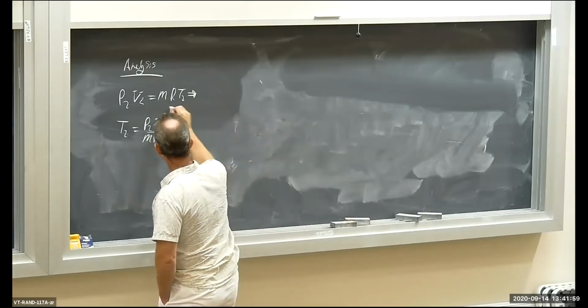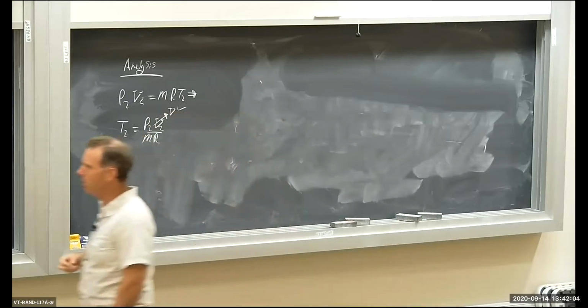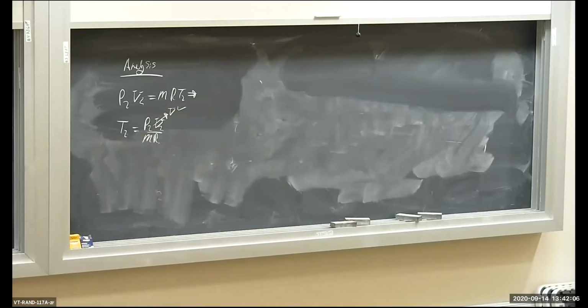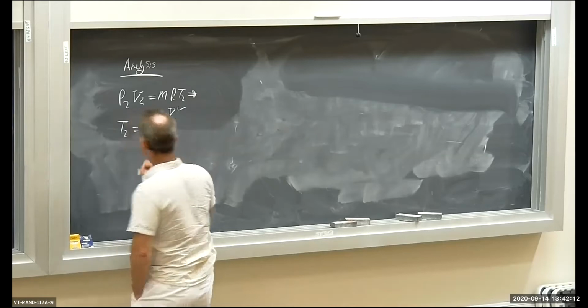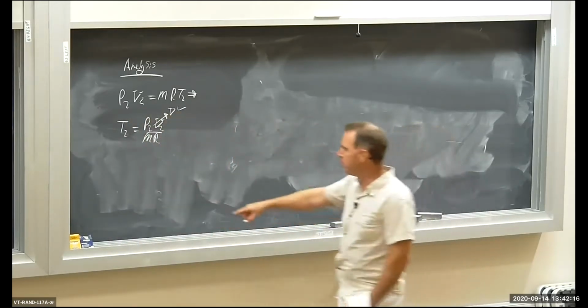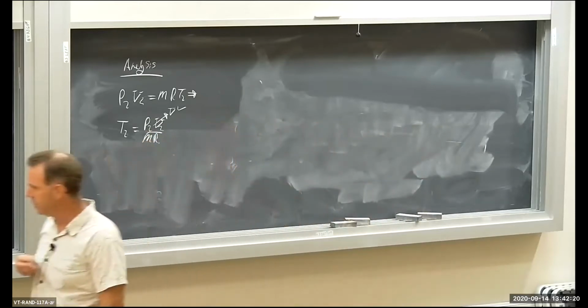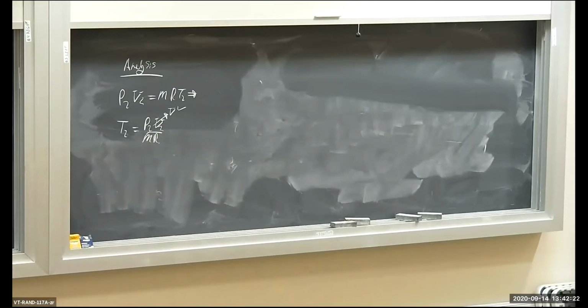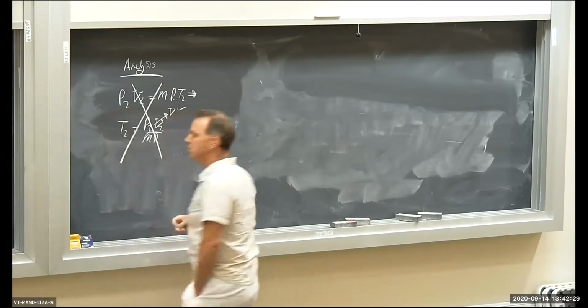This is just equal to the volume. I've got that. The mass I could probably get because I have the initial pressure, temperature, and volume. I have to calculate it, but I can get it. The only problem is I don't have P2. It's not given in the problem. There's nothing I can do. So this isn't going to work.